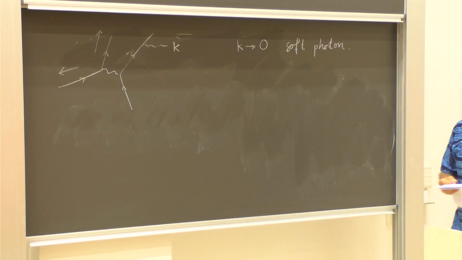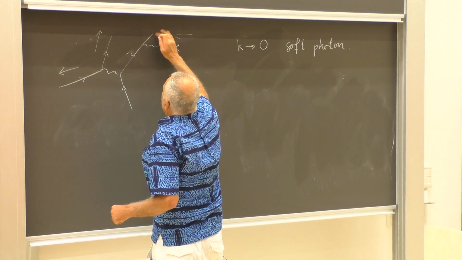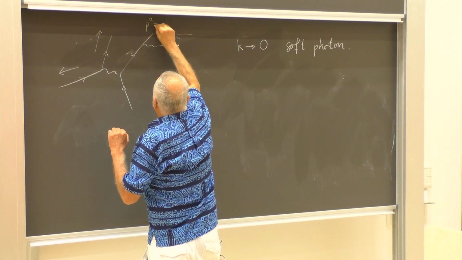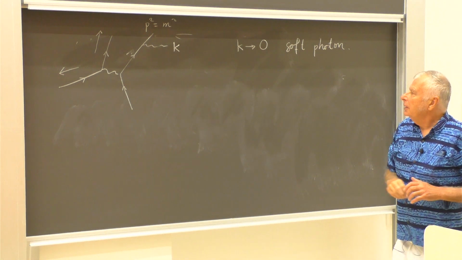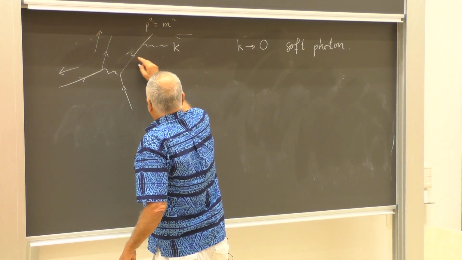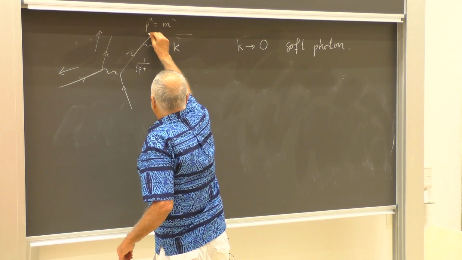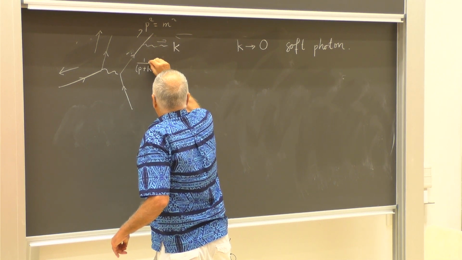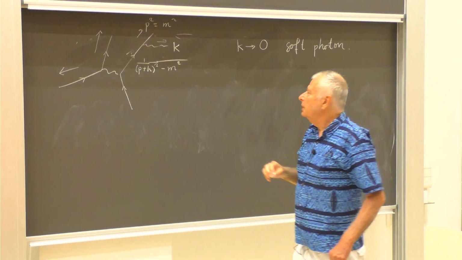I've considered a theory of scalars with arbitrary masses, which have p squared equal m squared on shell. In such a diagram, you have a propagator, 1 over (p plus k) squared minus m squared, the momenta being always outgoing.